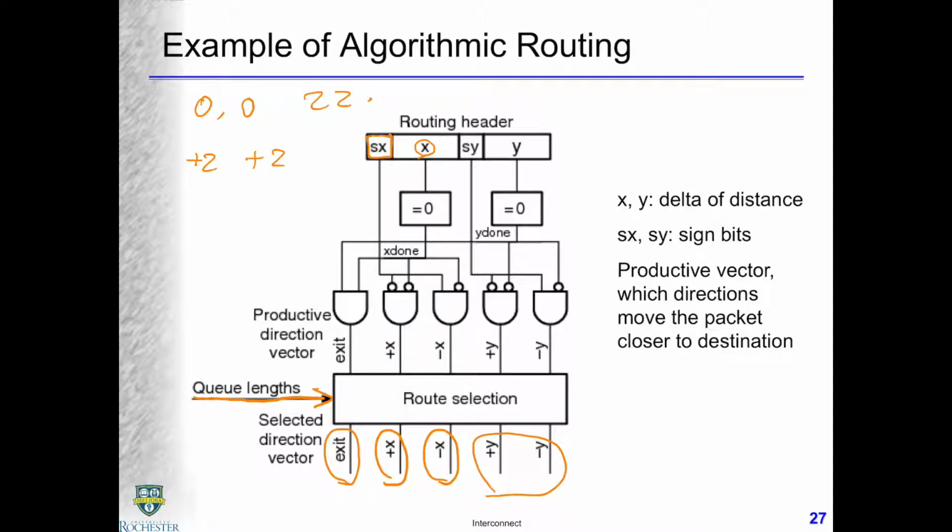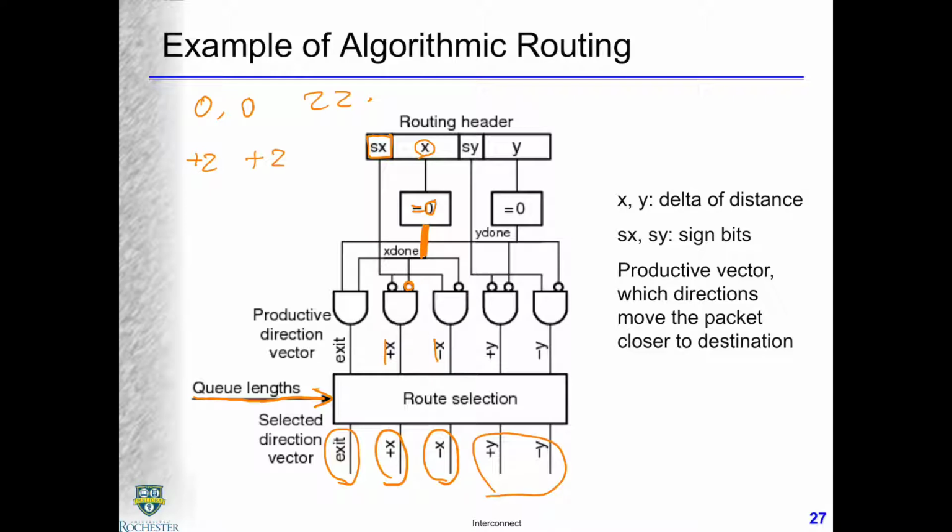Okay. So now the logic is fairly simple. Am I there in that direction? If it's 0, then that means I'm done. So this line over here would indicate I am done. If I am done, I wouldn't choose plus x or minus x.